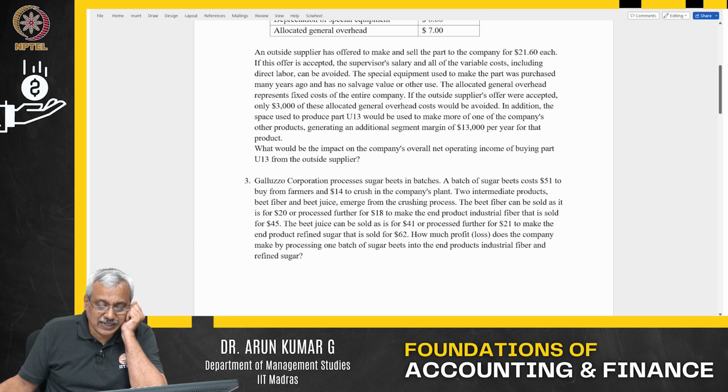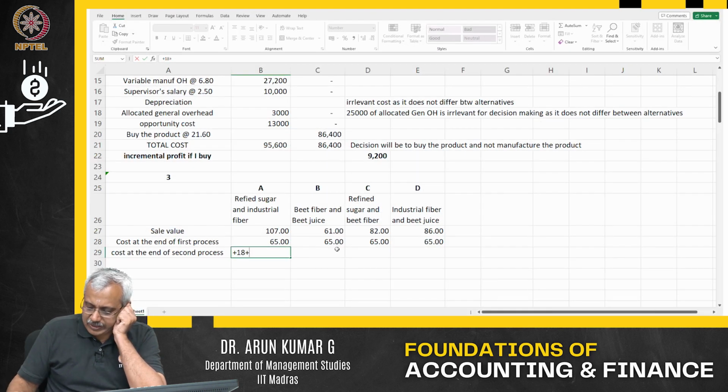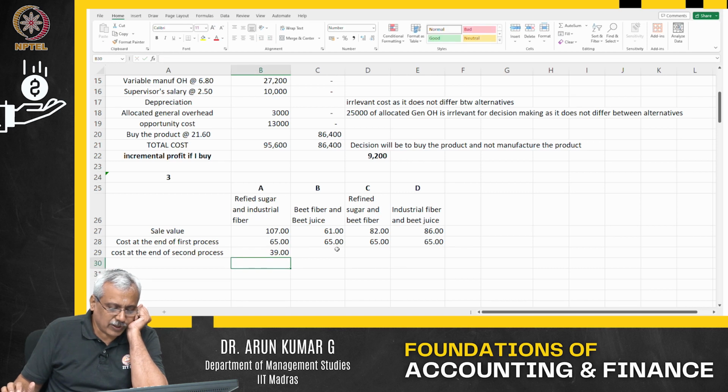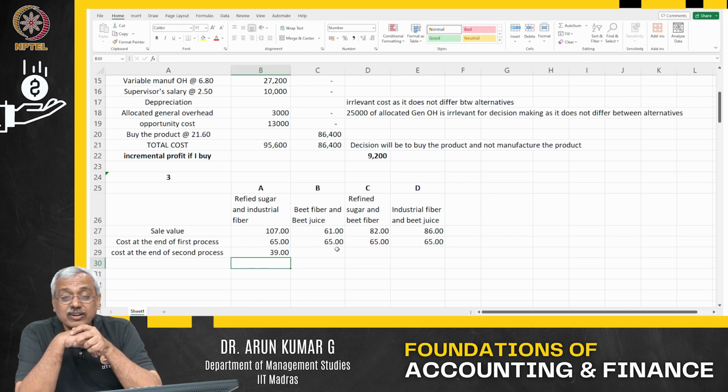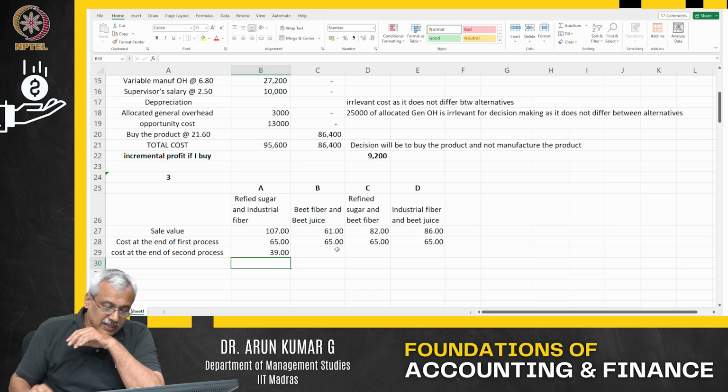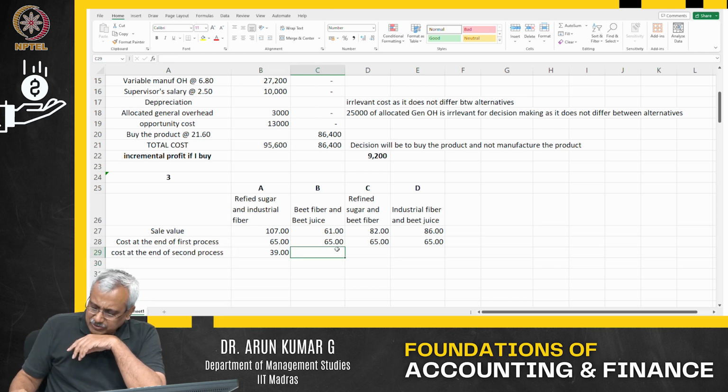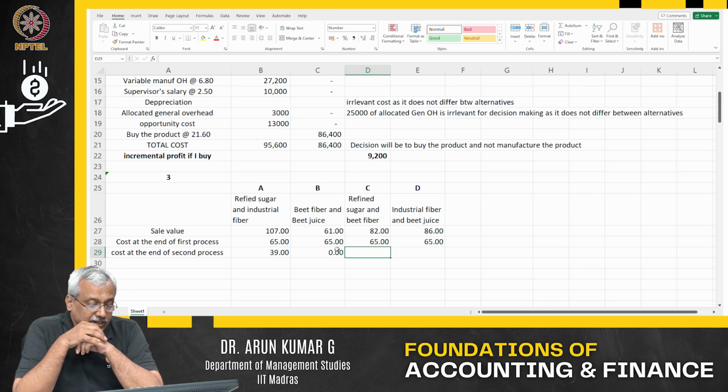Processing industrial fiber in the second process costs $18, and refined sugar $21. So it is going to be 18 plus $21 in this particular case. That is what I am going to spend if I have to process it further. For beet juice and beet fiber, there is no second process, so it is 0.